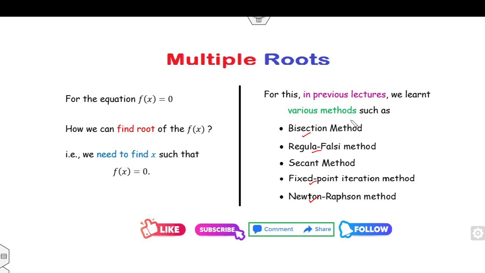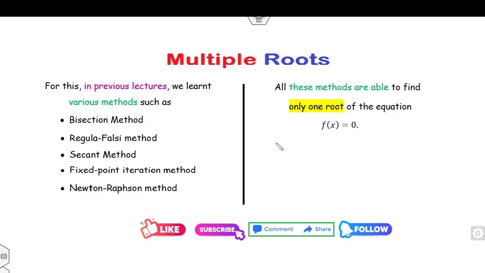But remember students, all these methods are applicable only when the root x equal to xi is of single order. That means if I consider the function like (x minus 1) whole squared, what are the roots of this function? The roots are 1, 1. That means x equal to 1 is a double root.